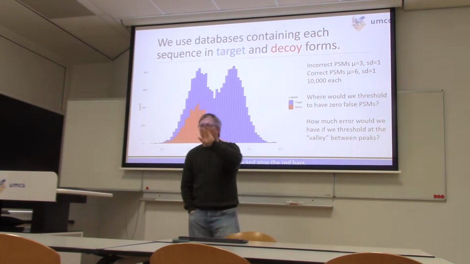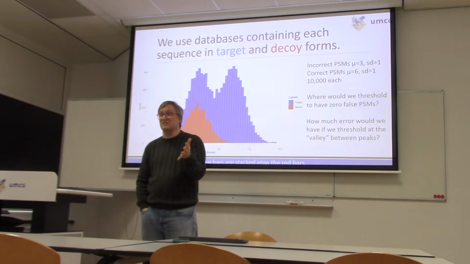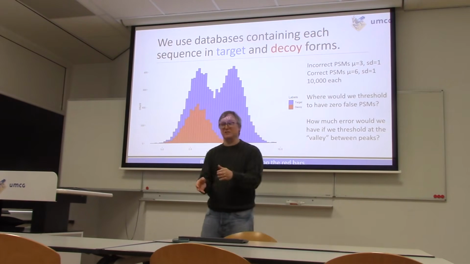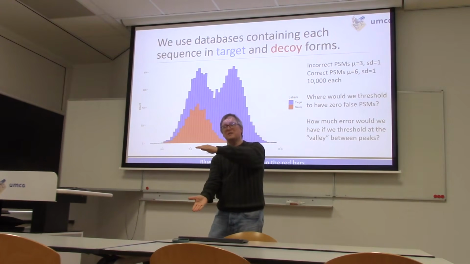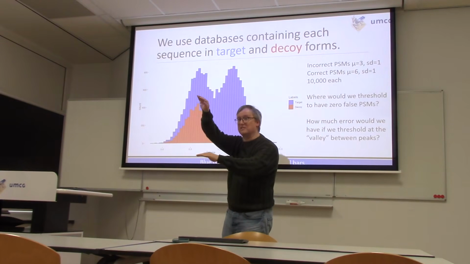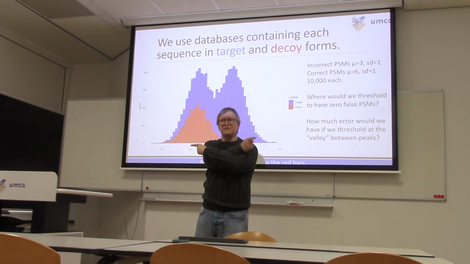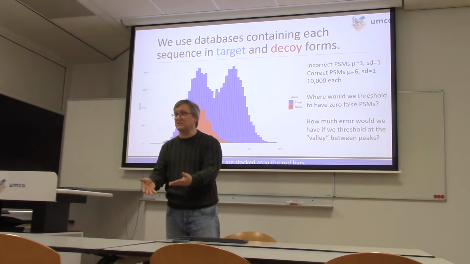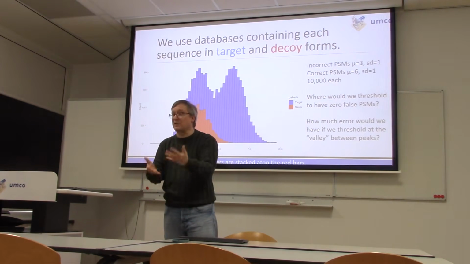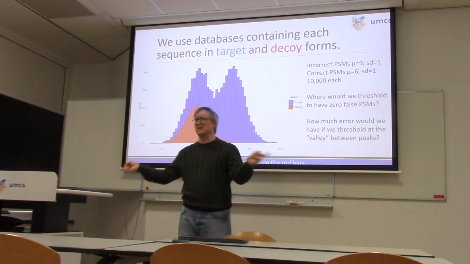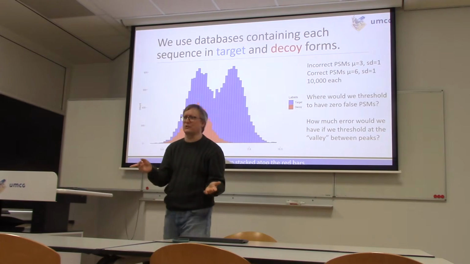We double the size of our sequence databases every time we run a database search. So if you're doing a human database search, you have 100,000 sequences, and now you have another 100,000 sequences that have all been reversed, N terminus for C terminus. So when we compare peptides to the spectra, half of the comparisons are to totally bogus non-biological sequences, because these reverse sequences do not exist in nature.